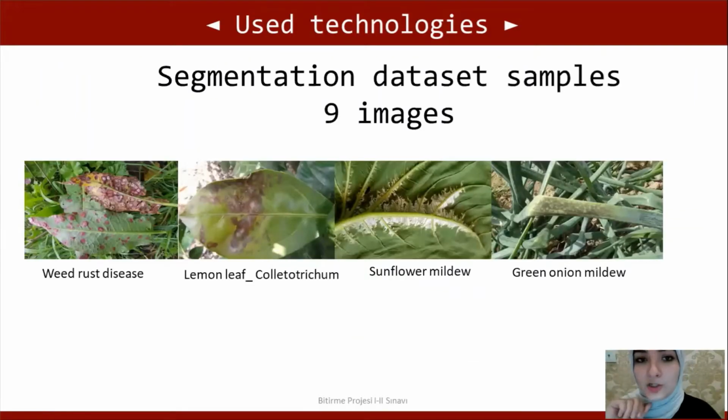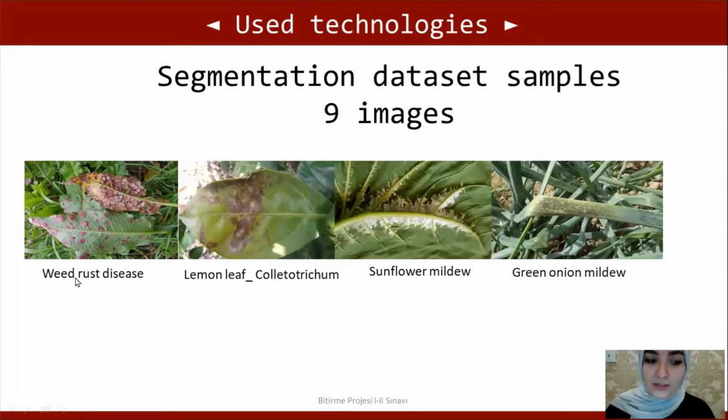Pre-processing and segmentation processes were applied over 9 images collected with the help of the phytosanitary clinic application and research of Hatay Mustafa Kemal University. Thanks to them. As you can see here, examples of those 9 images, all of them different diseases of plant leaves.